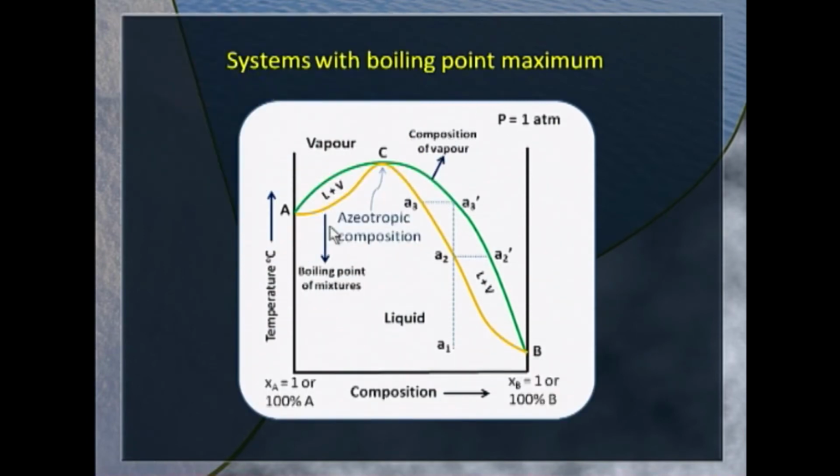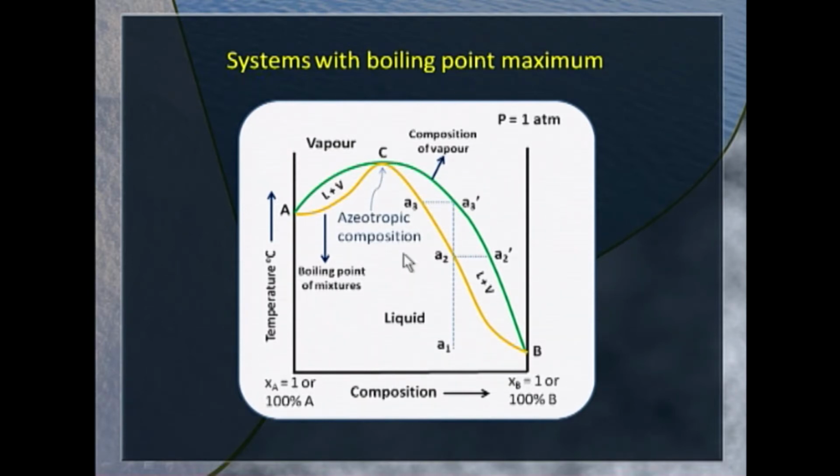Let us look at the diagram in which we have plotted temperature versus composition. As in the earlier case, it shows a boiling point maximum, and a similar point C, which is the azeotropic composition, where the liquid shows a constant boiling point, which is therefore called a constant boiling mixture, and there is no change in the composition.